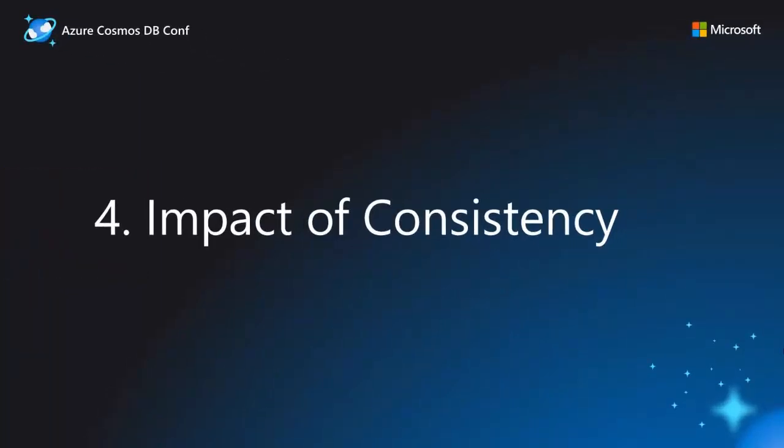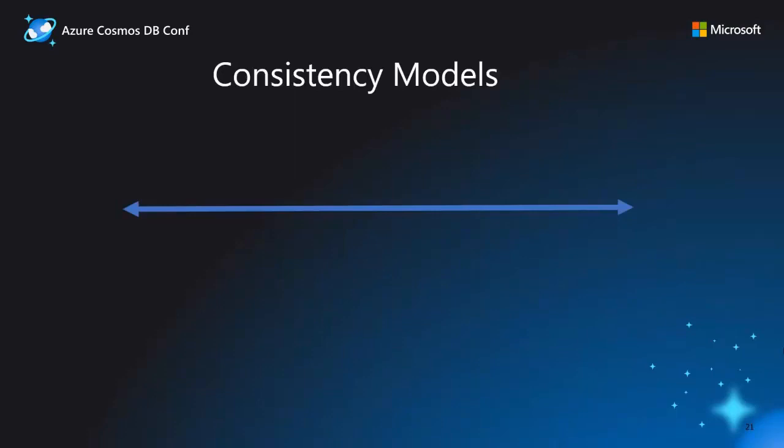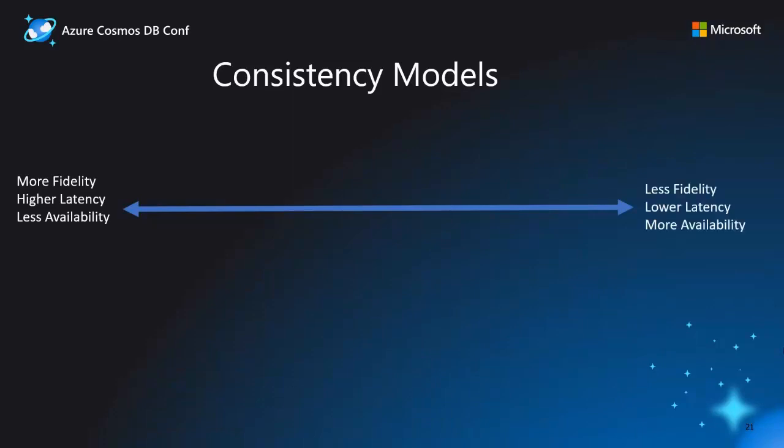A lot of people don't realize this, and they don't realize how much flexibility Cosmos DB has in this regard. Cosmos DB gives you options of consistency models, going all the way from the one that offers the most fidelity but gives you higher latency and less availability, to the ones that offer less fidelity with lower latency and more availability. Now, I'm not going to go into each one of these in detail.